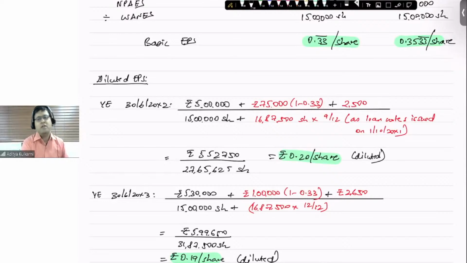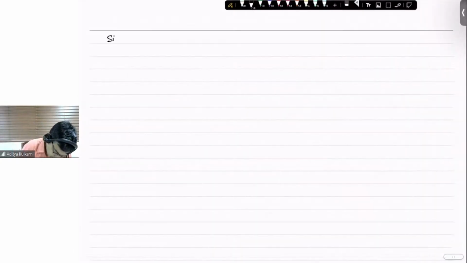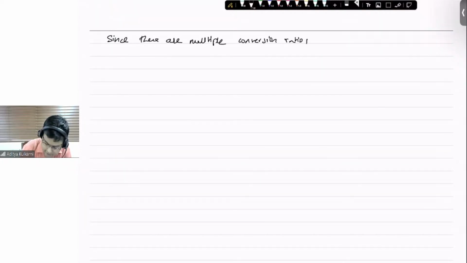The first one is, since there are multiple conversion ratios, we consider that ratio which maximizes the dilution.